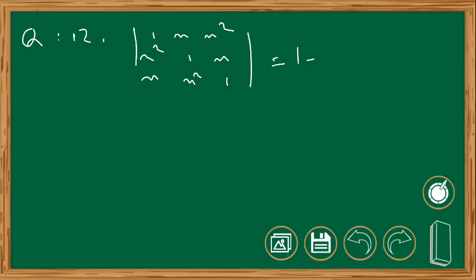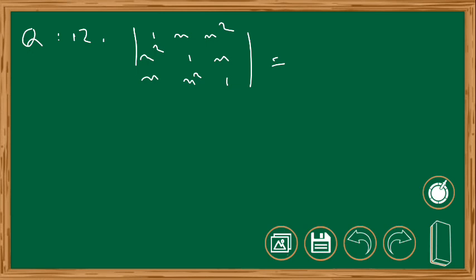Our next question is question number 12. I have to prove that the determinant with rows 1, x square, x; x, 1, x square; x square, x, 1 is equal to 1 minus x cube whole square, right? So let me show it. You also have the book with you, so that it will be easy for you to grasp the things, right?